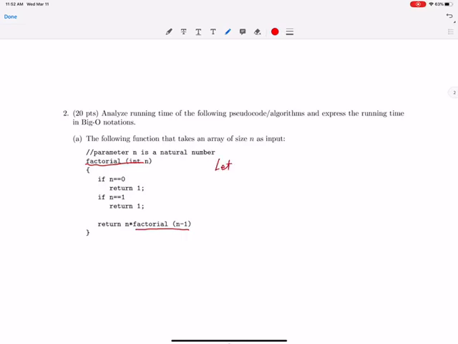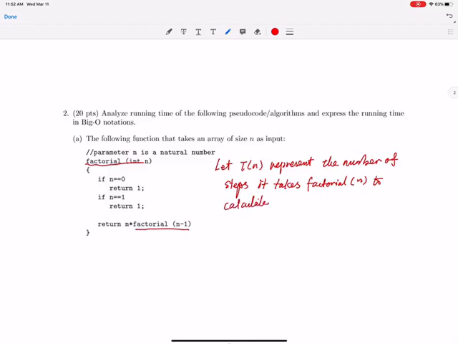Make it clear that T sub n represents the number of steps it takes this function to compute the total number of steps for factorial n to return its result.